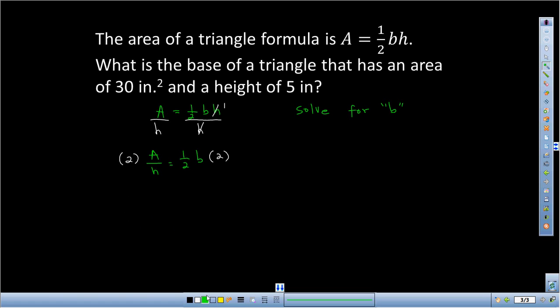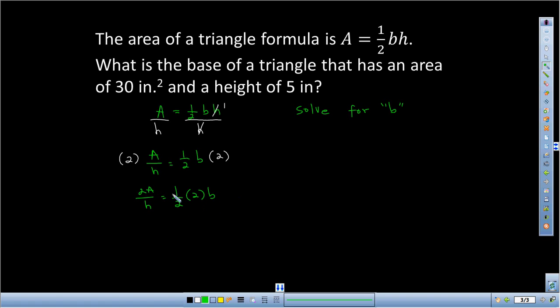So 2 multiplied by a is 2a, all divided by h, is equal to, I'm going to use the commutative property of multiplication to move this around a little bit, 1/2 multiplied by 2 multiplied by b.